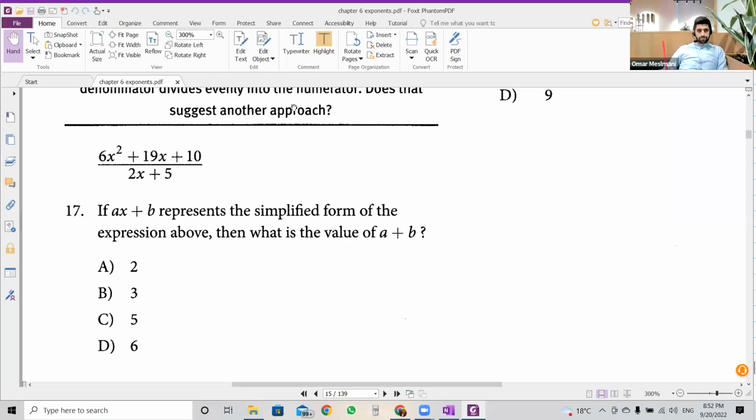Long division gives me a headache. Wait, Mister, can you give us another minute?